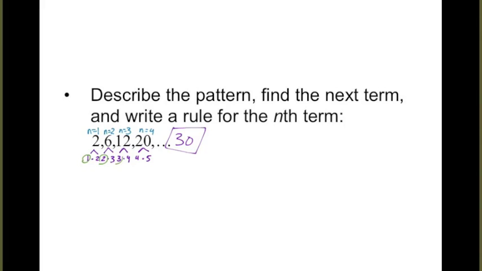So these first numbers here, how do they relate to n? They're just n, right? 1, 2, 3, 4. So the first part of our rule is just going to be n. And we're going to multiply that by, how do the second numbers relate to that? N plus 1. They're 1 bigger, n plus 1. And this is our rule.